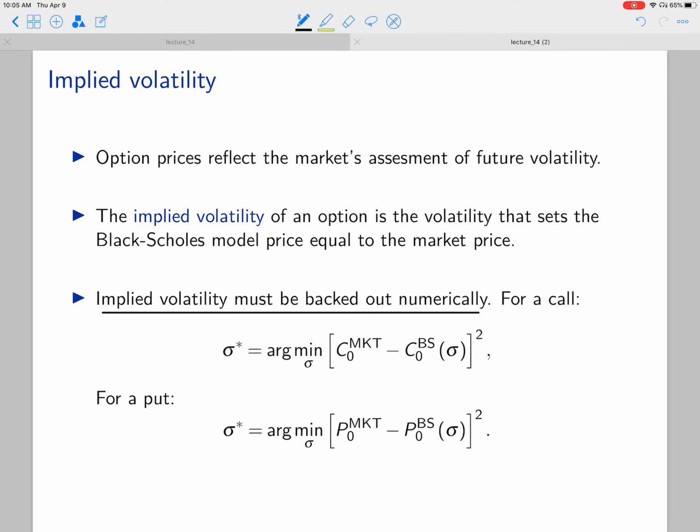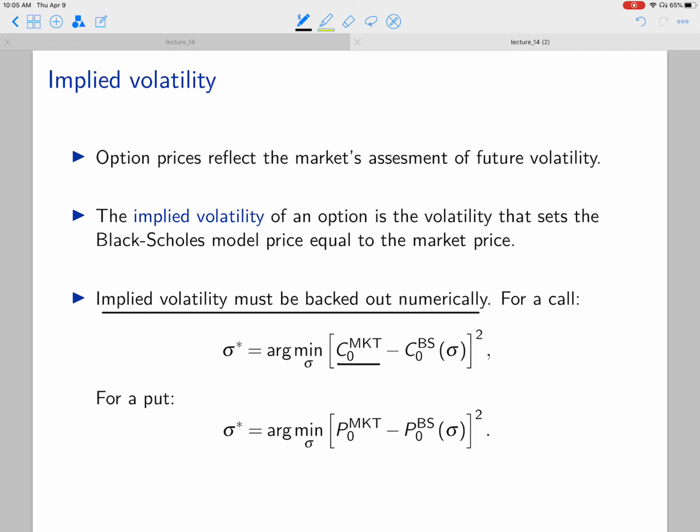That is, what you're going to do is you're going to observe prices in the market. So say a call option has a price of C0 market. This is what it's trading at today. You want to understand what the market's assessment of volatility is that's going into this option.